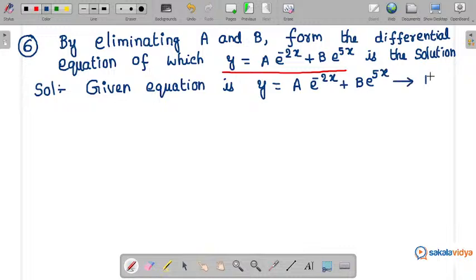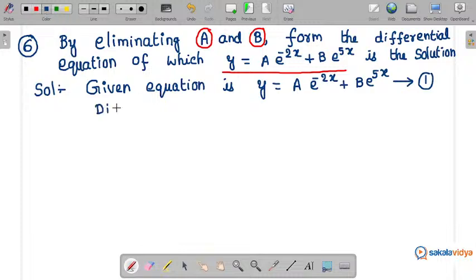Say equation 1. Because by eliminating a, b, there are two arbitrary constants, so we need to differentiate it 2 times successively so as to eliminate a, b. So let us proceed now.